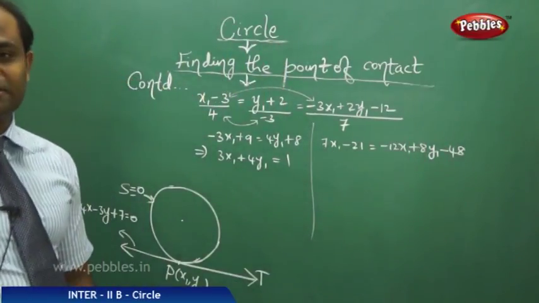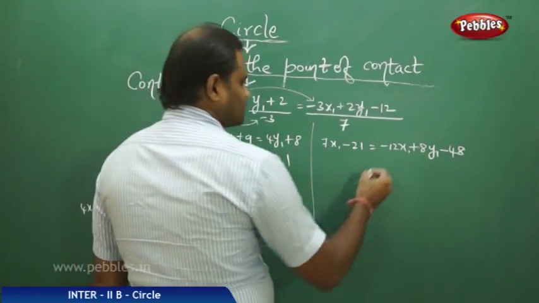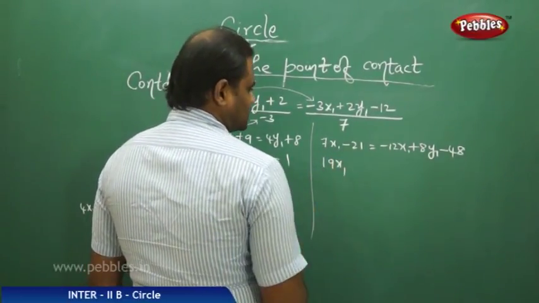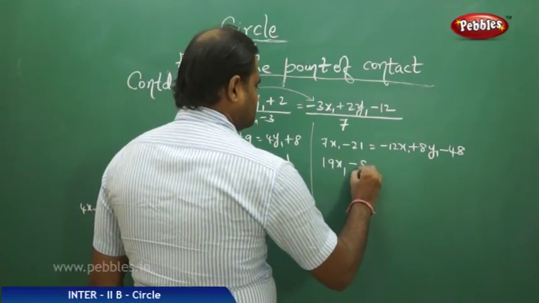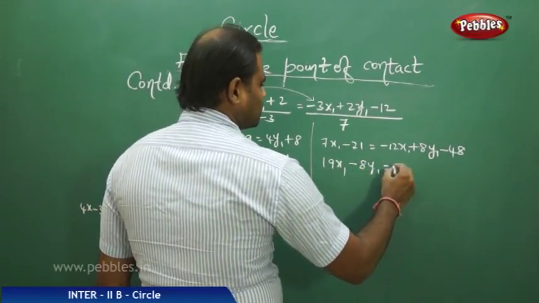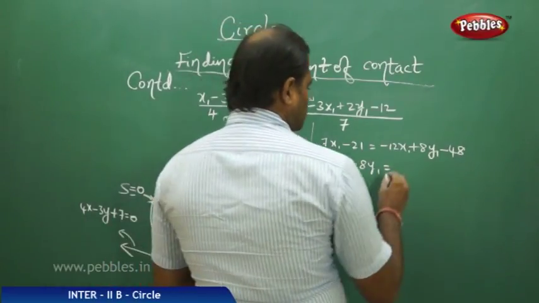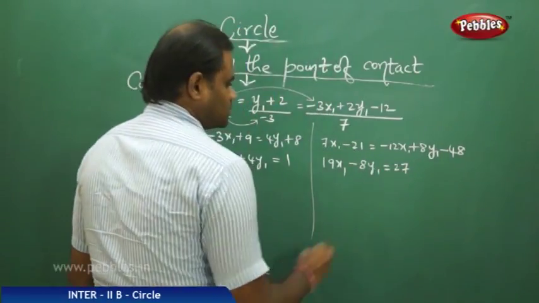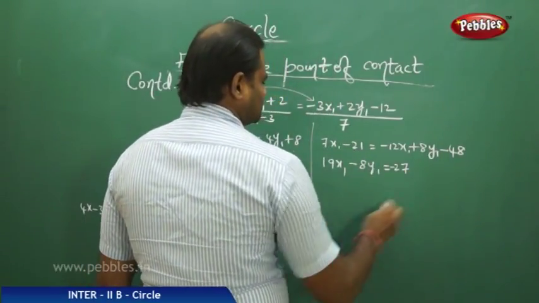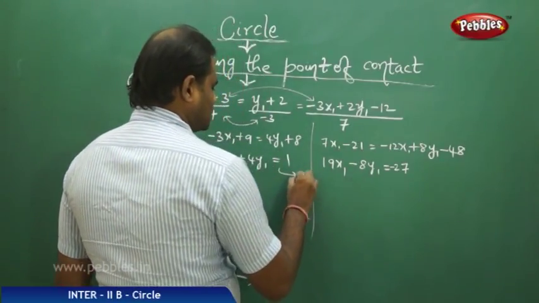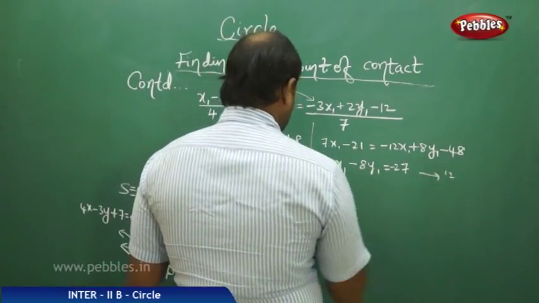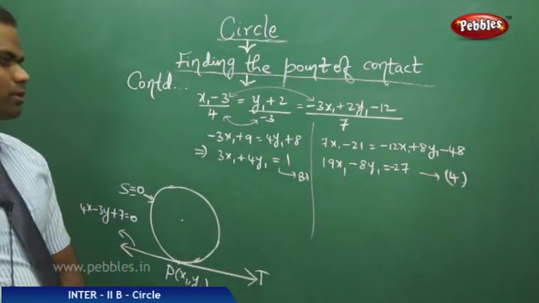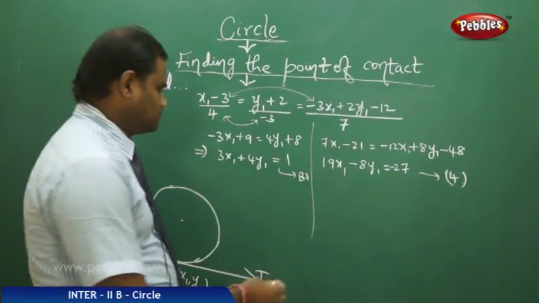This on cross multiplication gives this equation. Now 12 plus 7 is 19x1, and minus 8y1 is -48 + 21, which is -27. So I get this as equation 3 and equation 4, where equations 3 and 4 are solved using the elimination method.